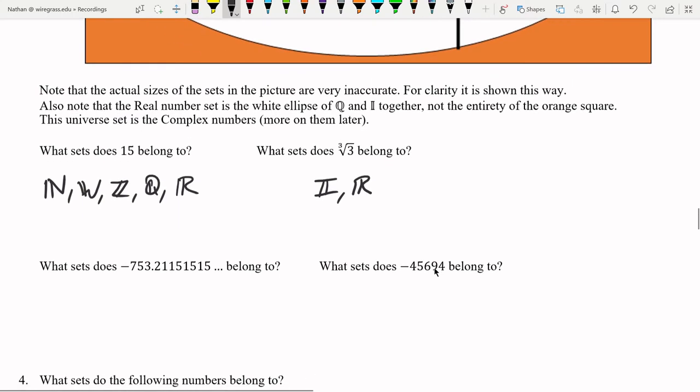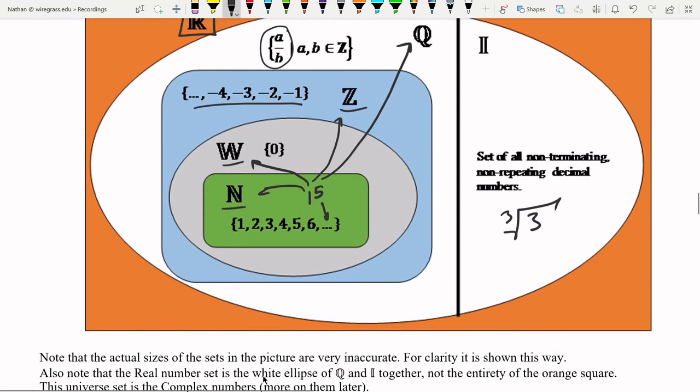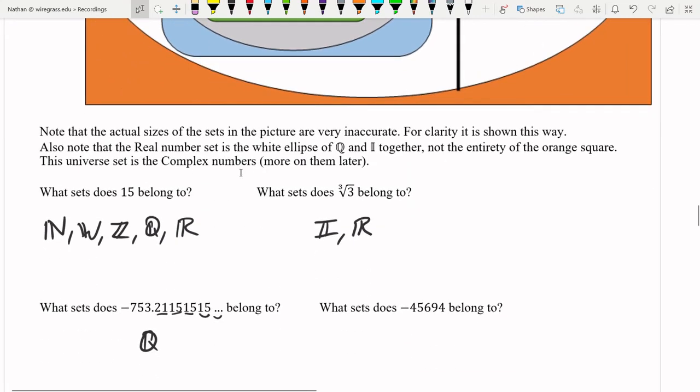Okay, what set does negative 753.21151515151515... belong to? Well, this is an infinitely repeating decimal. That should tell you right off the bat this is a rational number. I'm not going to try and find the a over b that defines it, and I'm not going to write it down, because it's going to be too long and clutter up the graph.